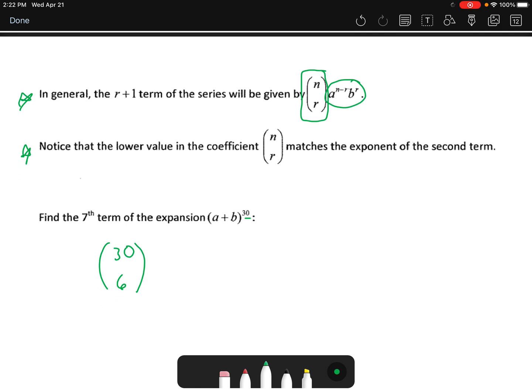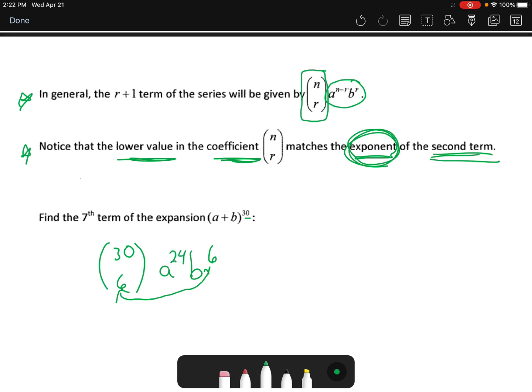Now, here's what's important: the lower value of the coefficient matches the exponent of the second term. So this would be a, and then b would be to the 6th. I know that because these two numbers match. But that also means that the exponents have to add up to 30, so a is to the 24th.